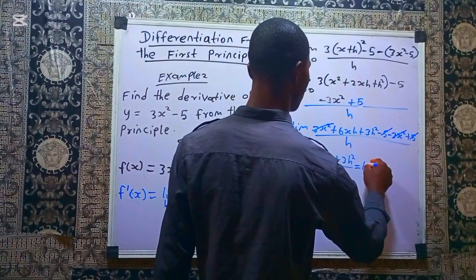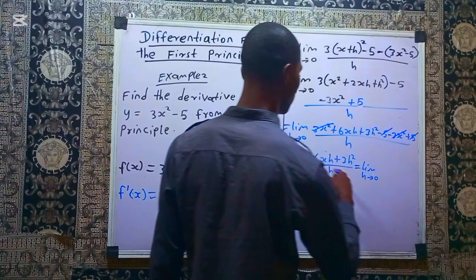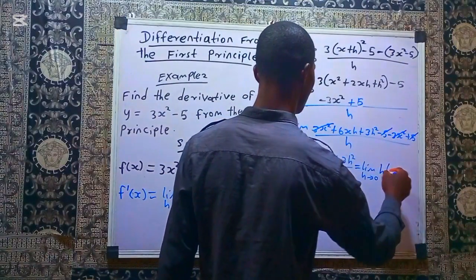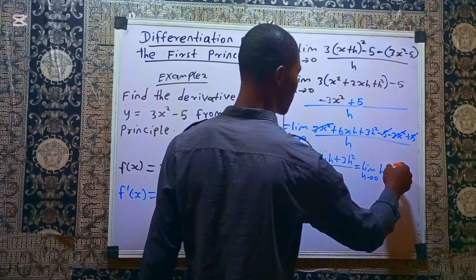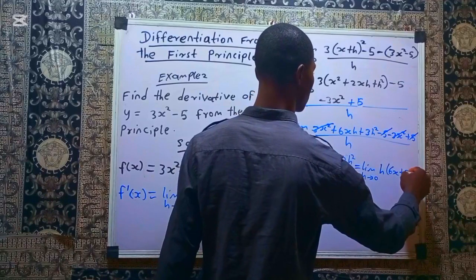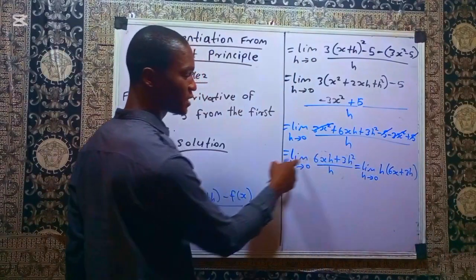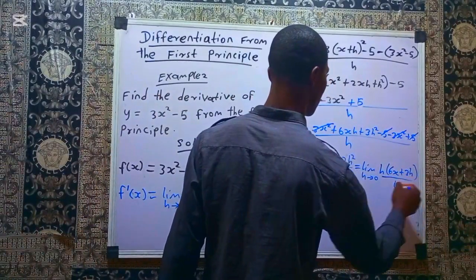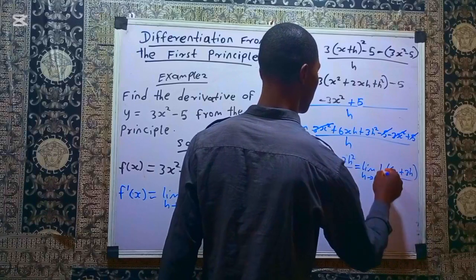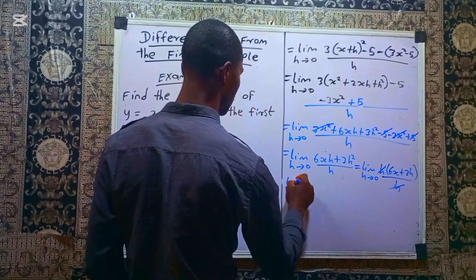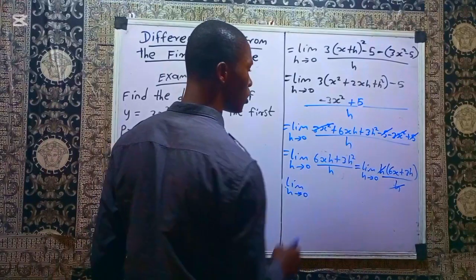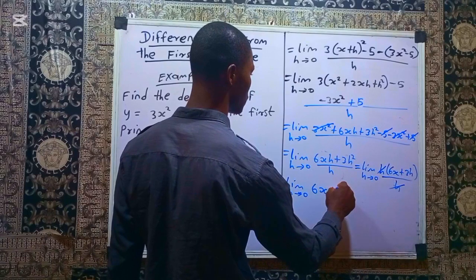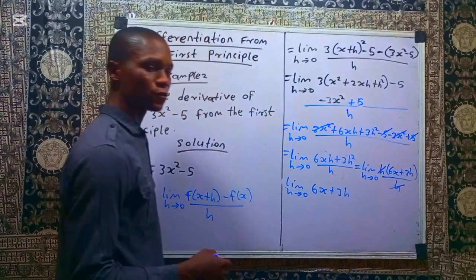So I can factorize h from the top. I have h open bracket, and inside the bracket is 6x plus 3h, because if I factorize h, I divide everything by that h. So this is all divided by h, and h can cancel h. What is remaining is the limit as h goes to 0 of the quantity inside the bracket, 6x plus 3h.